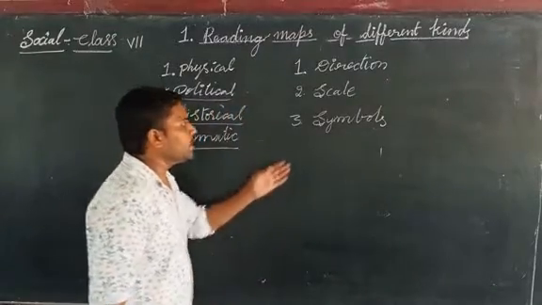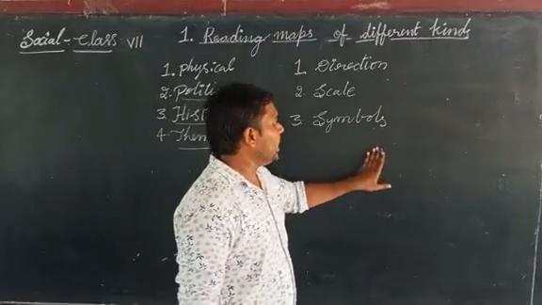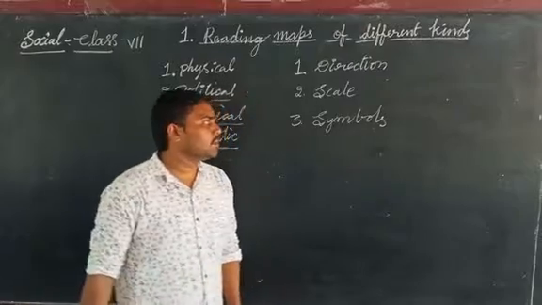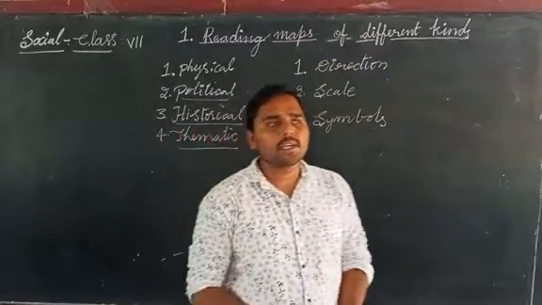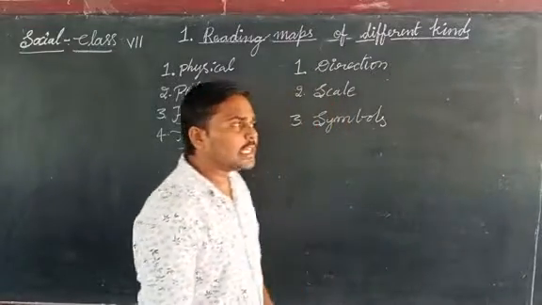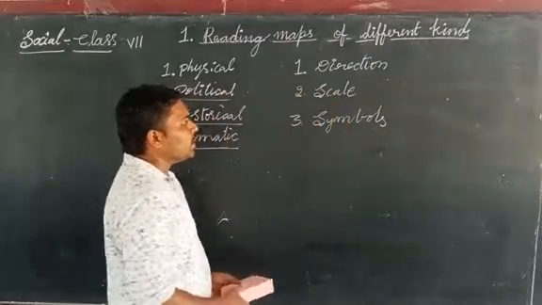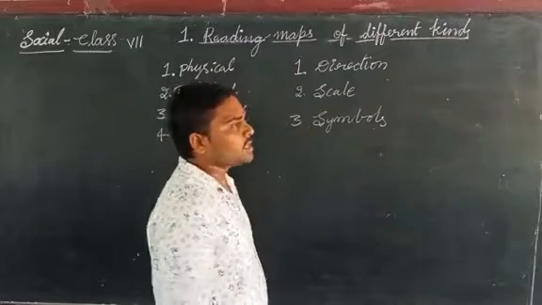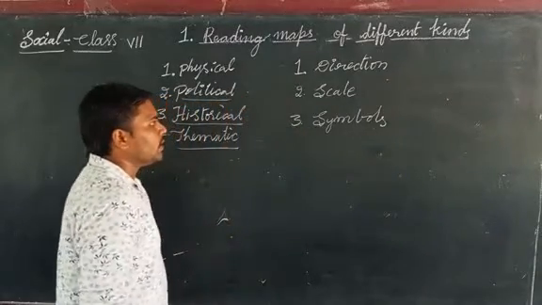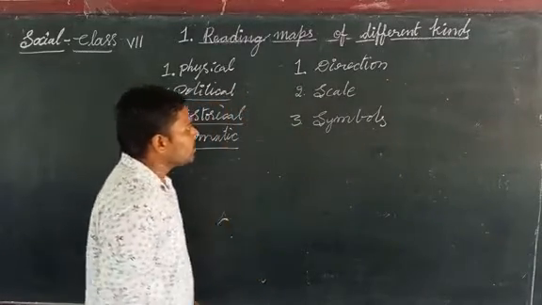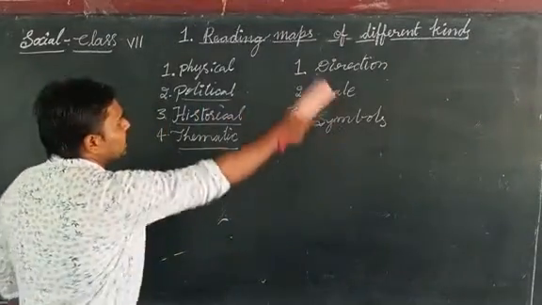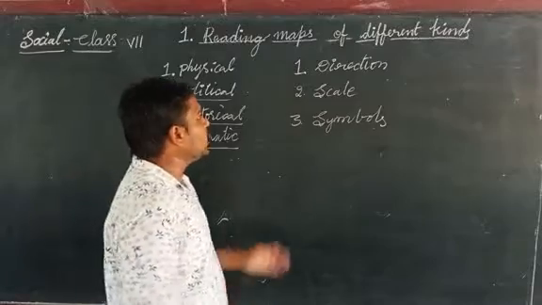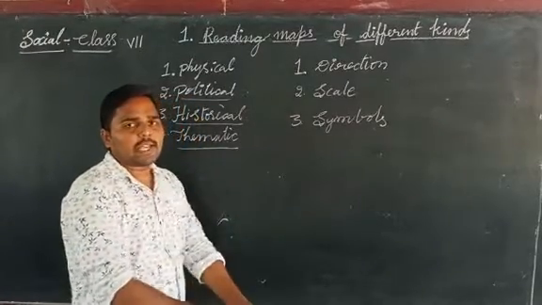With the help of symbols, we can show some conventional symbols like railway station, trees, police station, or settlements. With the help of these conventional symbols, we can show the different types of lands on the maps. With these factors, we can observe the maps. These are the topics which we covered in the previous class.